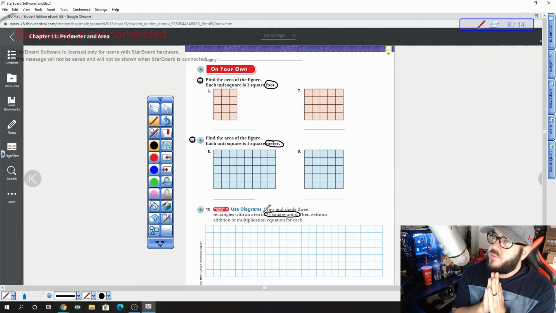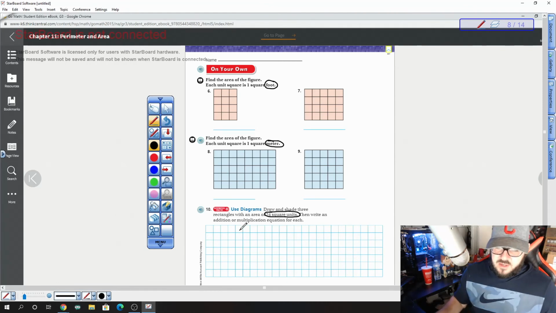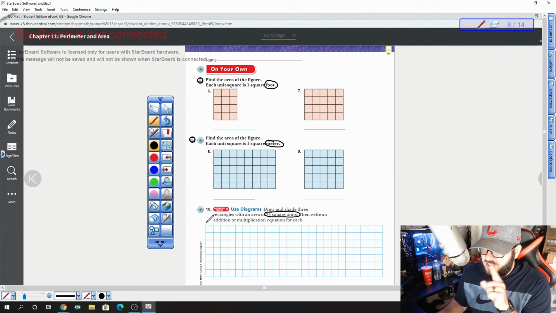Well, I know one that we use often to multiply to get 24 is 4 times 6. So I'm going to draw a shape that has 4 rows of 6 in each row. Okay, I could do 6 rows of 4. There's another one you can draw if you want. But I'm going to do 4 rows of 6.